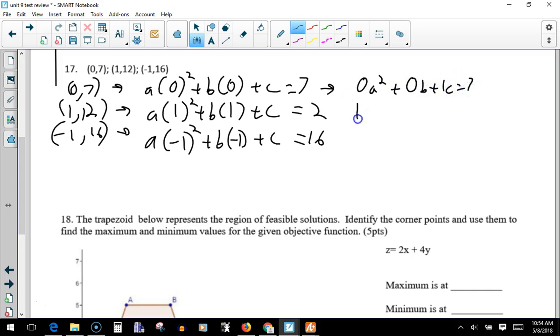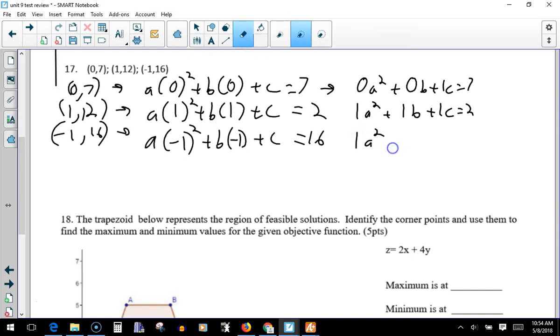And then that's going to be 1a squared plus 1b plus 1c equals 2. And remember, negative 1 squared is 1, positive 1. I'm saying it and I don't write it. 1a squared plus, that's where my negative is going to be. You can write it plus negative, or just write 1 minus 1b plus 1c equals 16.